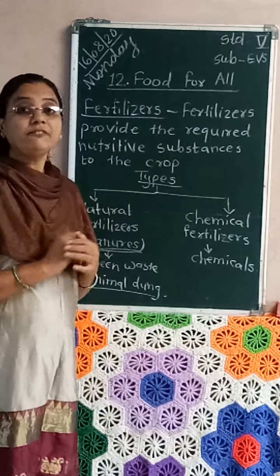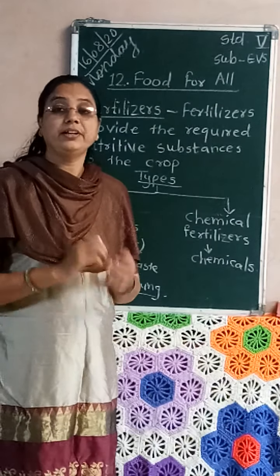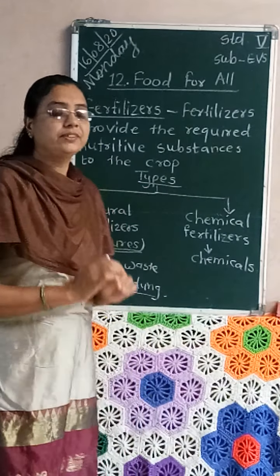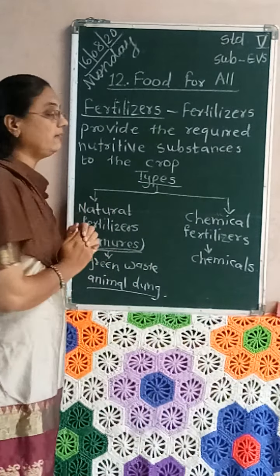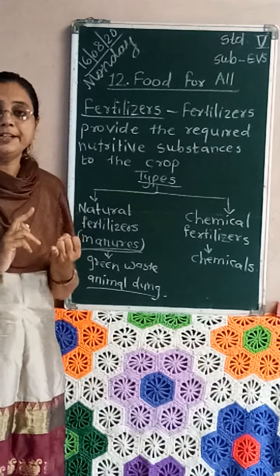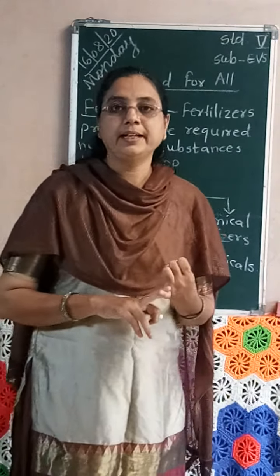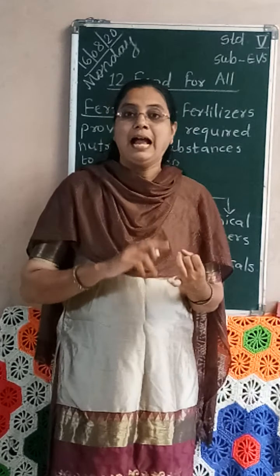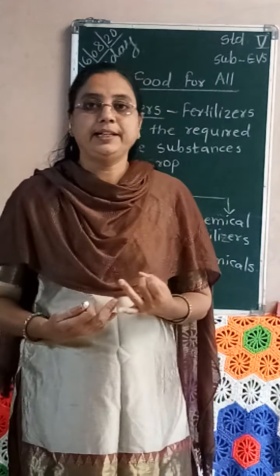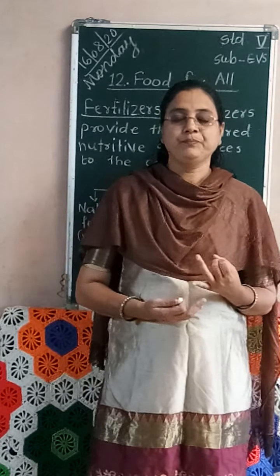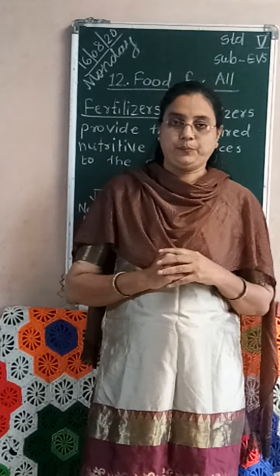These natural fertilizers are very good for farming. If the farmer uses these natural fertilizers, it gives good harvest and good crop production. At the same time, it increases the nutritive value of the food, and whatever crop we are getting is very tasty or delicious also.